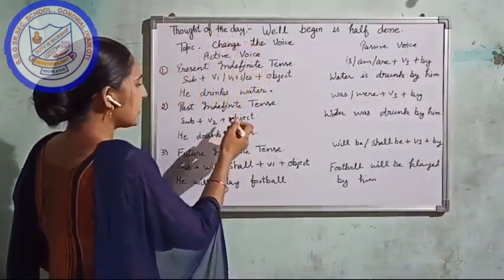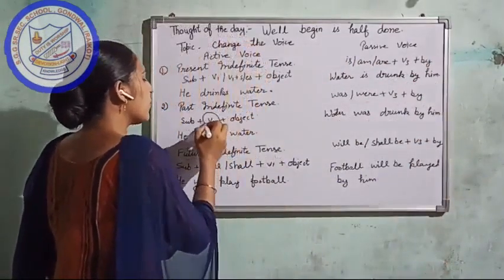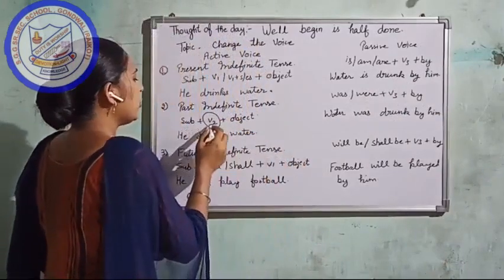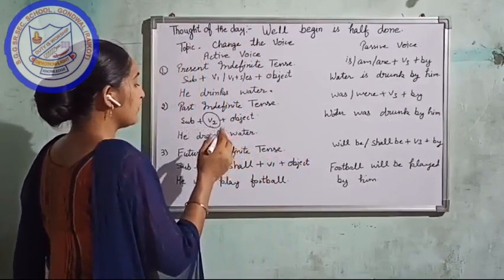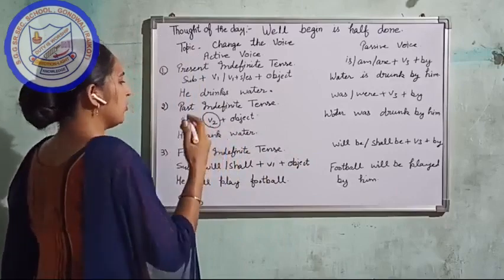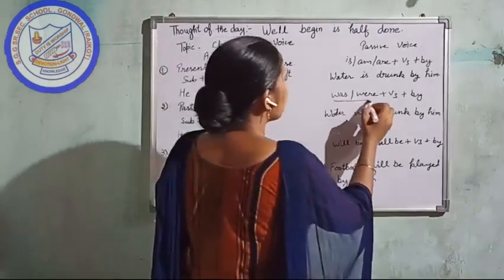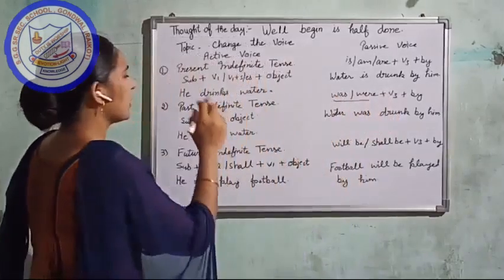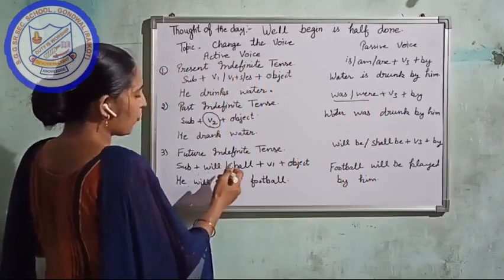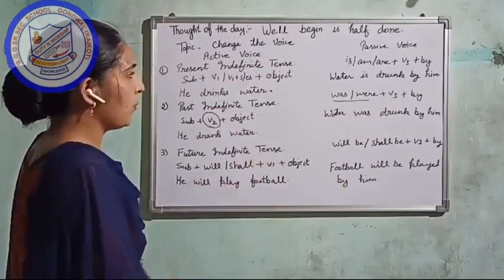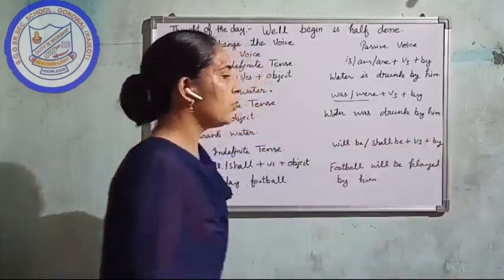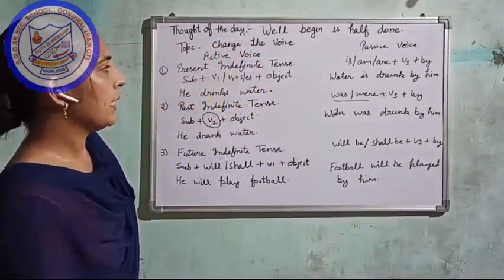And in past indefinite tense, there is only use of B2, no s or es. And was and were are the helping verbs which are used in past indefinite tense. And in future indefinite tense, there is use of will, shall with verb's first form. And in passive form, we will make use of will be or shall be with verb's third form with by.